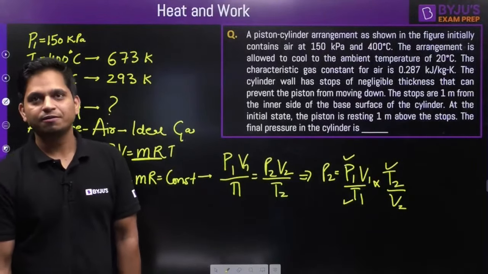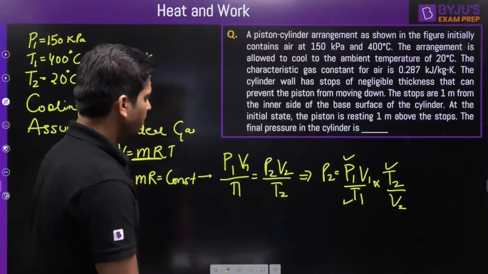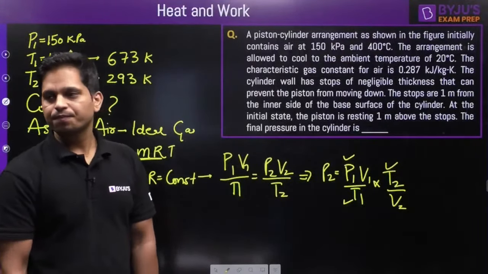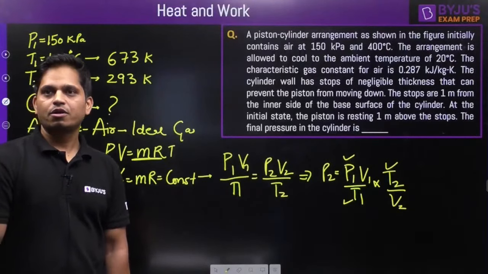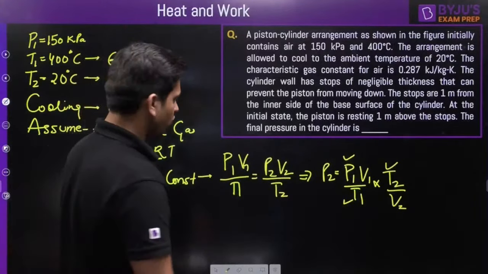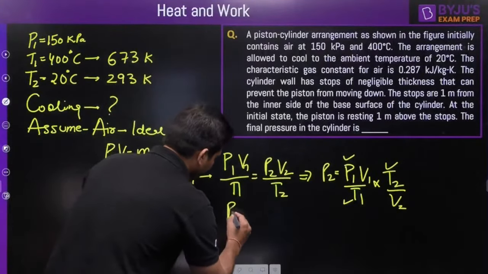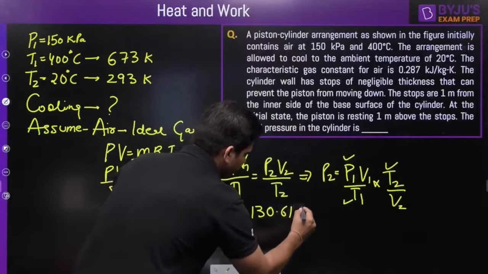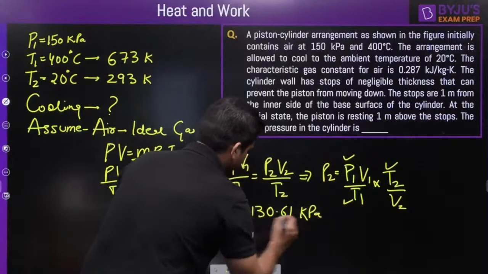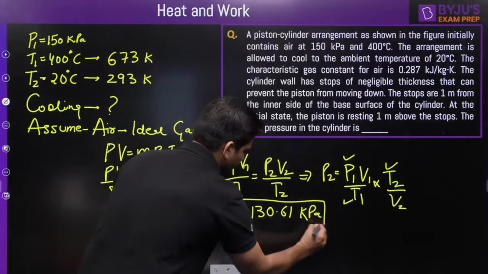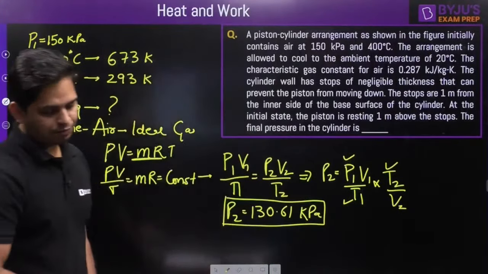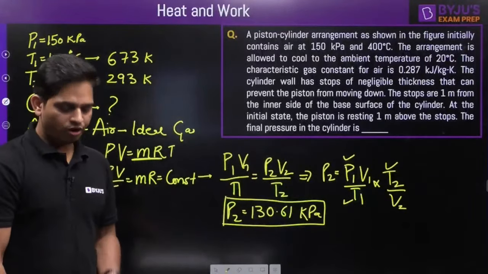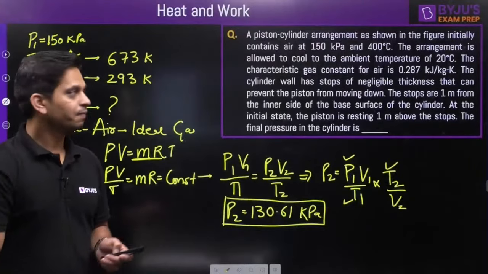Have you calculated it? P2 is, should I calculate it? 130.61, absolutely correct. Okay. Now let's move on to one of the important questions that I wanted to solve today.